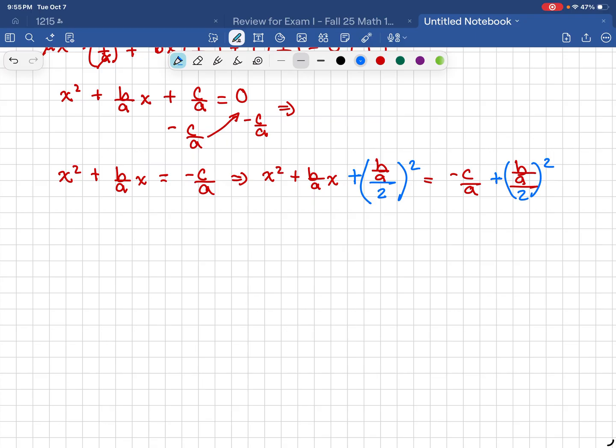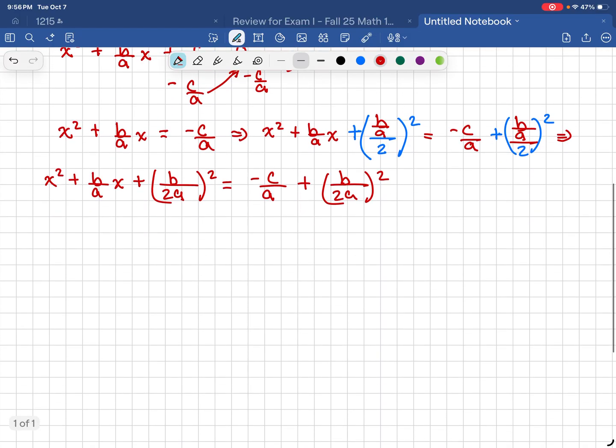Squared. Now I'm going to do a little bit of simplification here. So this becomes x squared plus b over a x plus b over 2a squared is equal to negative c over a plus b over 2a squared.